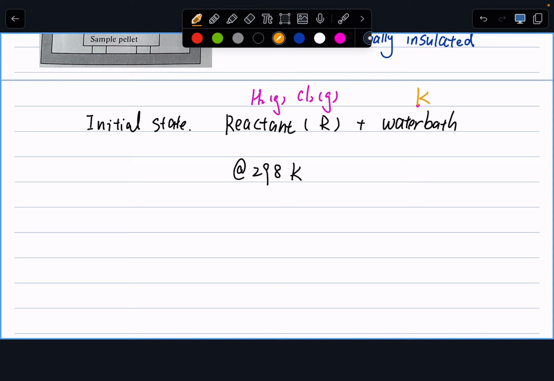So that's why I just put 298 plus delta T, whatever that delta T is. So there's a change of temperature because of the chemical reaction taking place in the calorimeter.